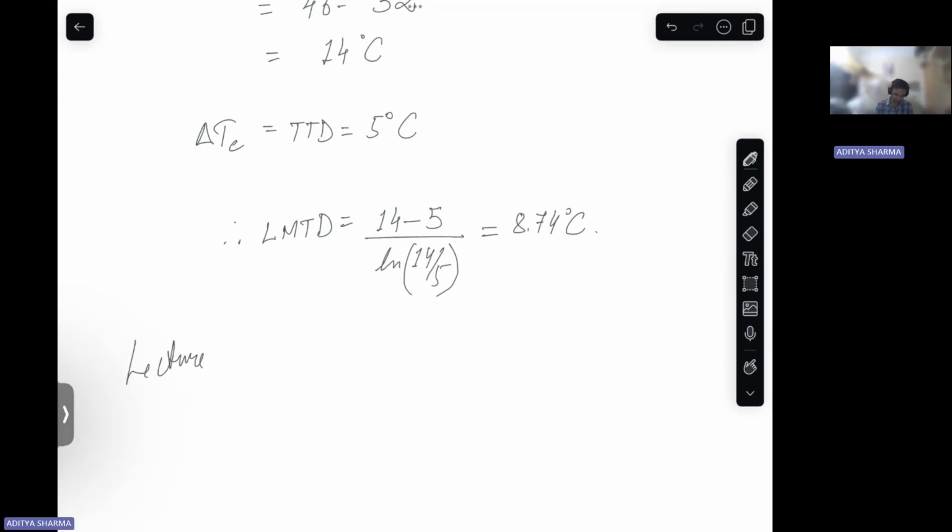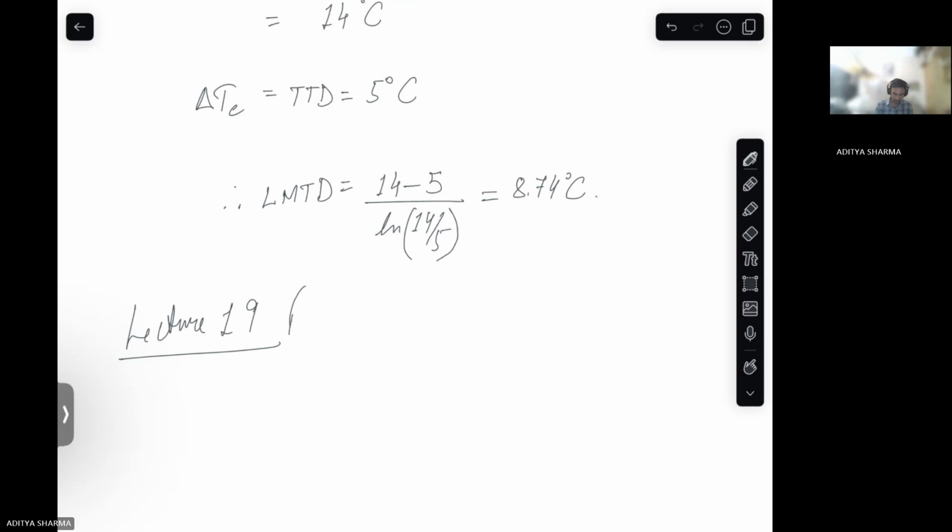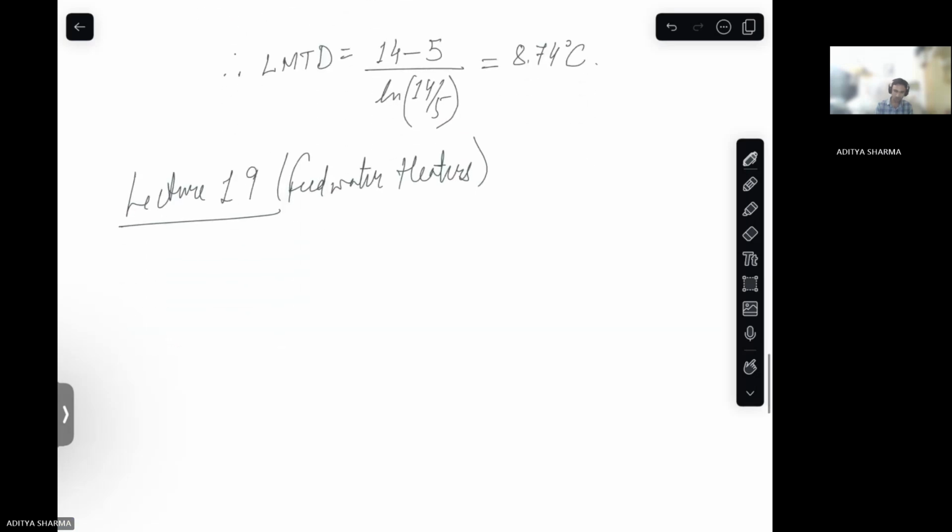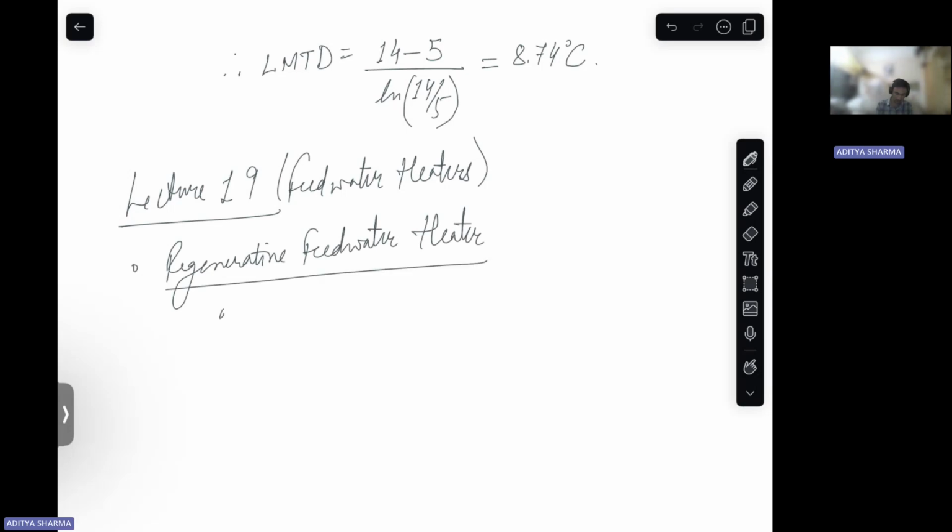So this is your lecture number 19, your feed water heaters. In your regenerative feed water heater, one is your closed feed water heater.